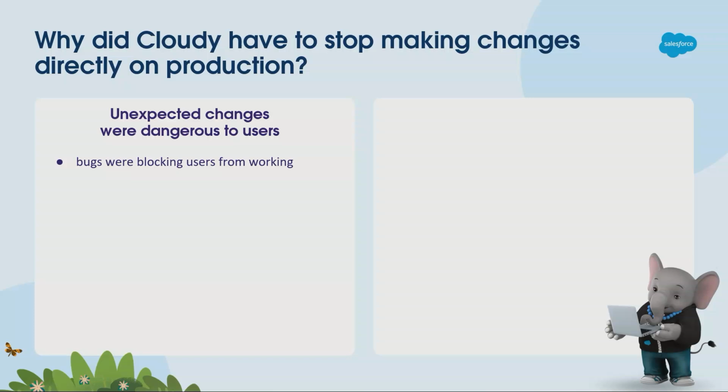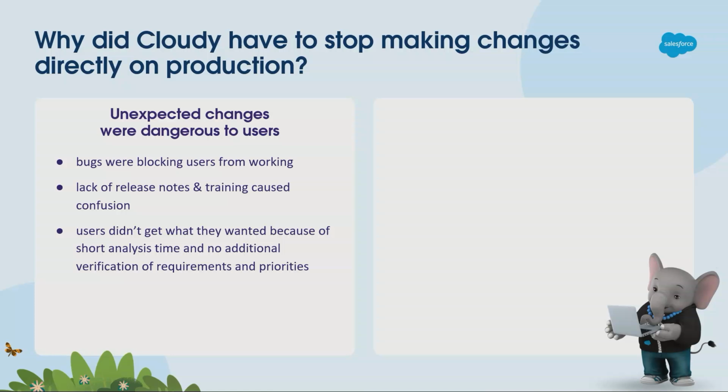If you introduce a bug, you are blocking users from working. The lack of release notes and lack of training lowers user adoption. Also, sometimes if just one person is listening to users and directly implementing it, it's not exactly what they need. It may be what they want, but it's not what they need, which is a problem, right?